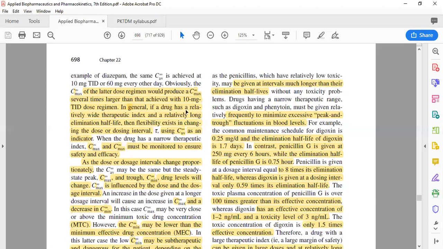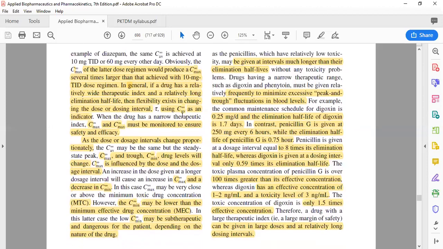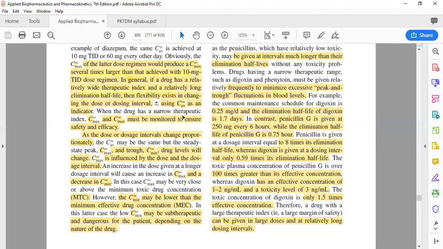But if you have a narrow therapeutic index drug, it will be very tricky to do this. Can you tell why? Yes, Cmax will go very high. If this drug is a narrow therapeutic index drug and you dose 60 mg, that will shoot up above the maximum safe concentration.